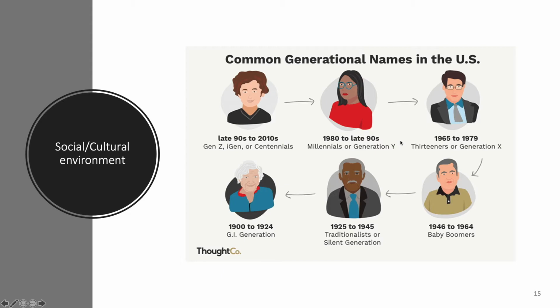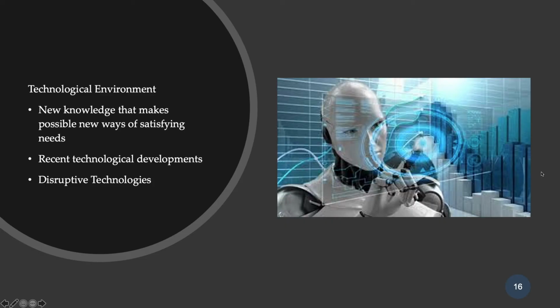Where might my customer be, and what are the values in that cultural environment that these generations maybe cling towards? Technology, you know, disruptive technology, how fast things move. And of course, we're right in the area of artificial intelligence, and it's growing by leaps and bounds, and that's some of our competition right there.